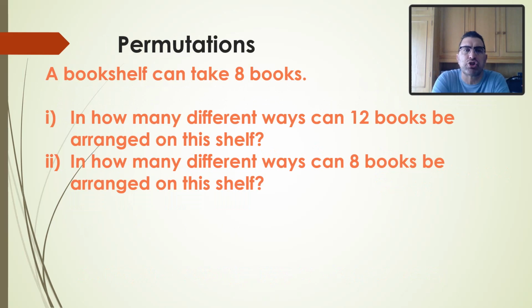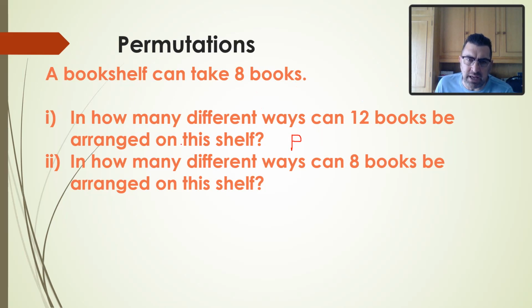Let's look at a bookshelf. A bookshelf can take 8 books. In how many different ways can 12 books be arranged on this shelf? So it's a permutation. Remember, in a permutation, order does matter. We're arranging things.